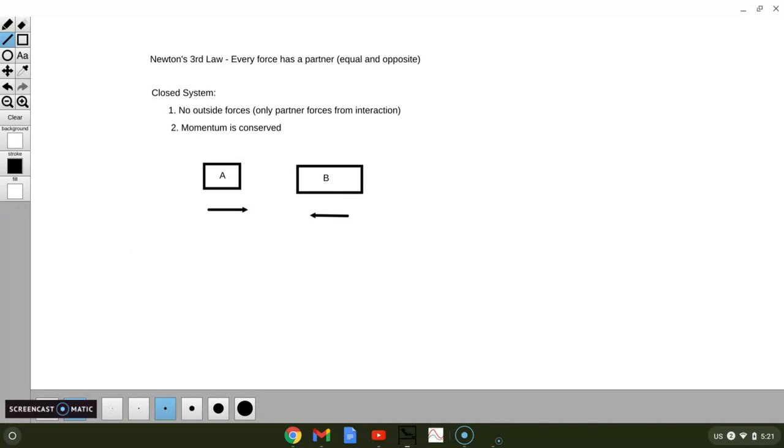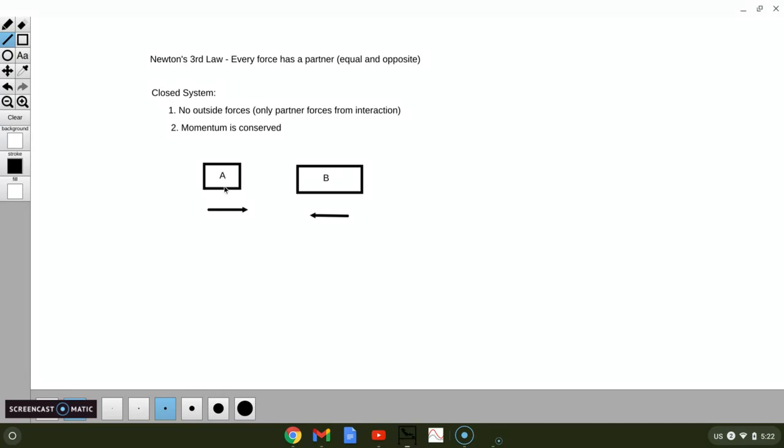Now, what's going to happen? These two things are going to collide, right? They're going to hit. They're going to have an interaction. And so A is going to hit B, and B is going to hit A. And according to Newton's third law, those two forces will be the same. So this would be a closed system. There are no other forces. Now, we can ignore the normal force and gravity in this situation.